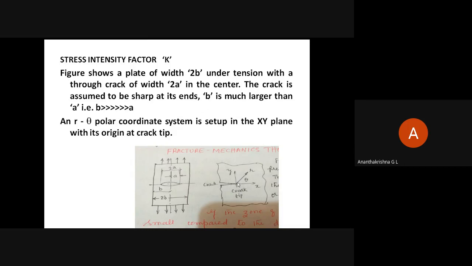Polar coordinate system is essentially for rotation, correct? X and y coordinate system is essentially for translation.